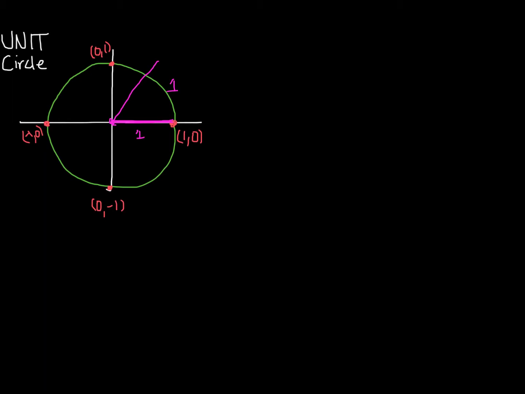And so we can use the unit circle to describe radians with much ease, because with a unit circle, the angle measure in radians is simply the distance that I've traveled around the unit circle. 1 radian will be an arc distance of 1 unit, 2 radians would be 2 units, 3 radians would be 3 units, 4 radians would be 4 units, so on and so forth.